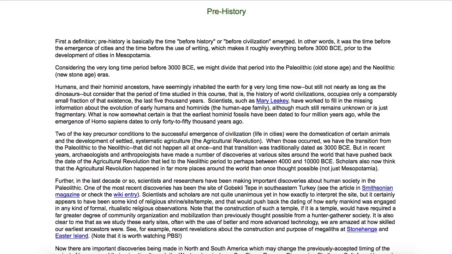Now, those societies were organized societies. They had means of communication, they had means of trade, they had means of raising food and surviving, and they had means of raising monumental structures like Stonehenge. And so you have to be really careful in your judgments about the nature of prehistoric society, Stone Age society.